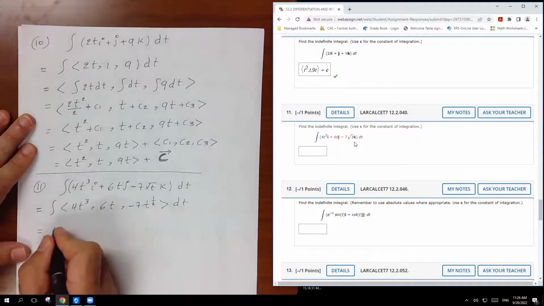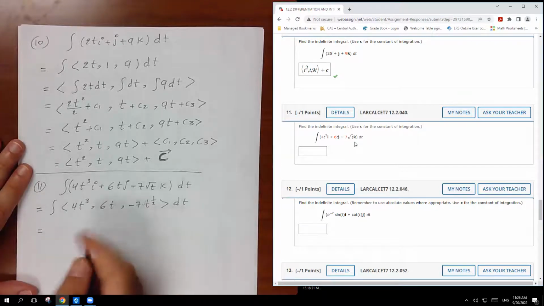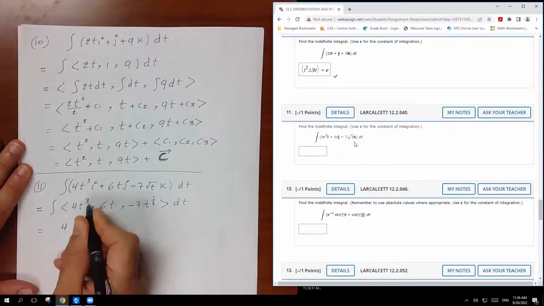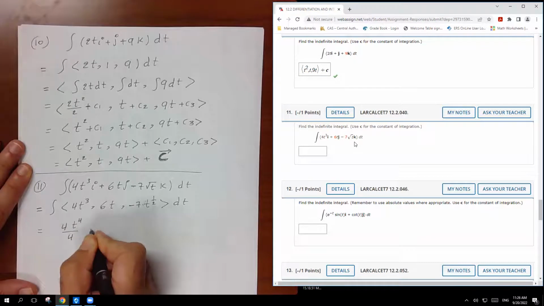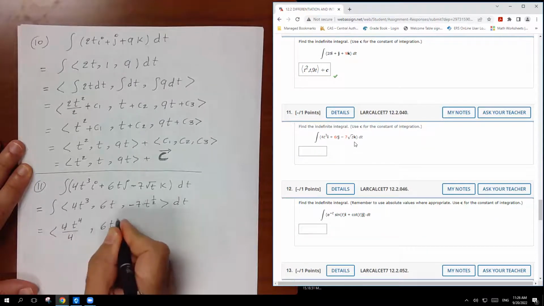So for the first one, you don't have to do these steps. Just go ahead and do the integral for each part. For this part it's going to be 4, you add exponents here, t to the power 4 over 4. For the second part it's going to be 6t squared over 2.